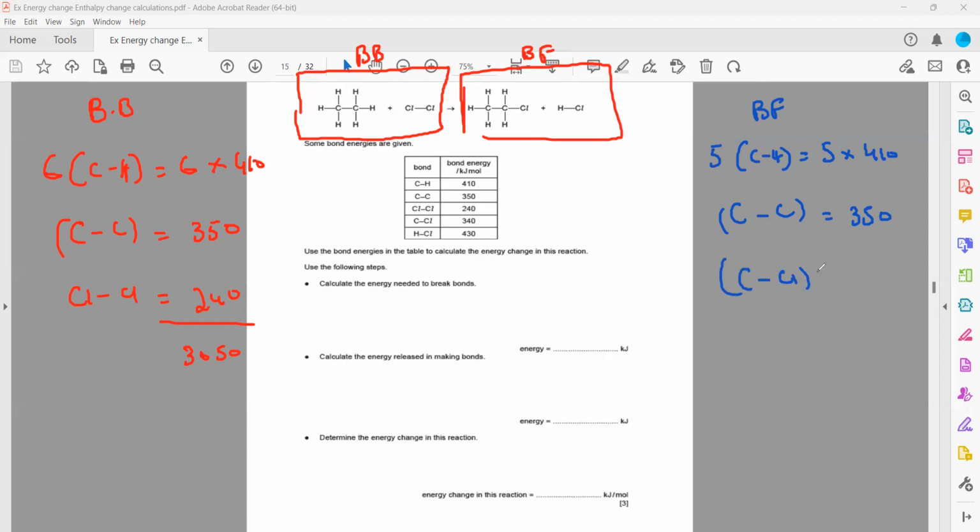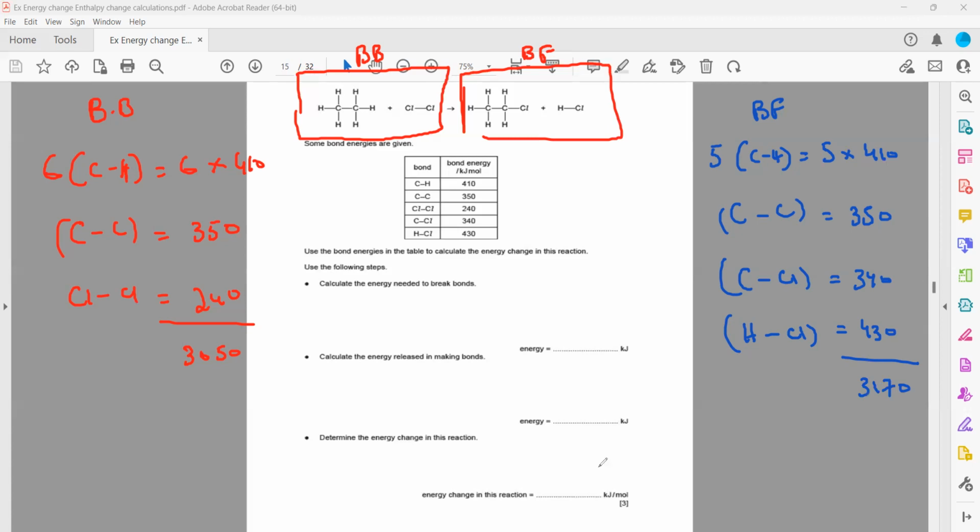Carbon-chlorine bond, 340. And hydrogen chloride bond, HCl bond, 430. So this is how much? 3170. Okay. So 3170 is the bond forming.